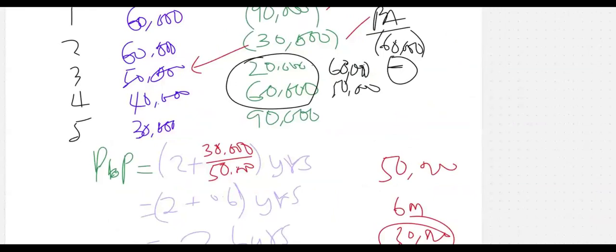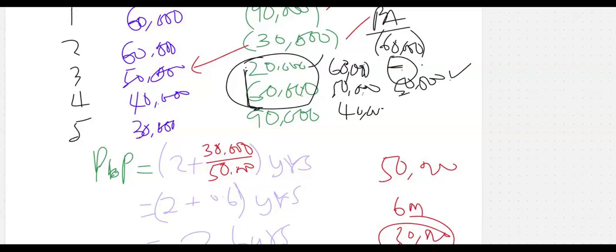This is 40,000 for project B. So by the time project A would break even or would have 0 balance at the end of year 3, project B will be earning 20,000 in revenue. And when we get to year 4, project A will have an income of 50,000, so 0 plus 50,000 gives us 50,000. Meanwhile, project B would have earned 60,000. That's the 40,000 plus 60,000 which will give us 80,000. So by the time we get to year 4, when project A would have started earning revenue of 50,000, project B would have had revenue of 80,000.